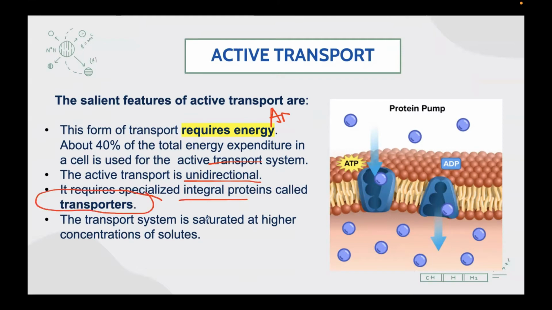And then the transport system is saturated at higher concentrations of the solute. So dito kailangan na natin ng mga transporters. Ano ba yung mga example ng ating active transport? Yun na po yung ating mga sodium and potassium exchange sa loob ng ating cell.